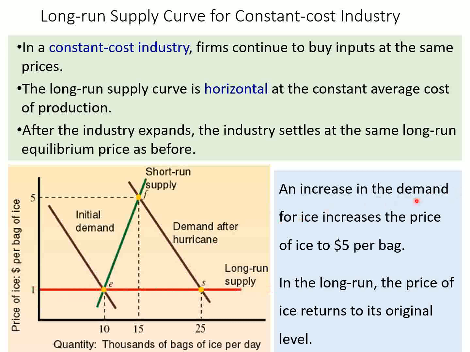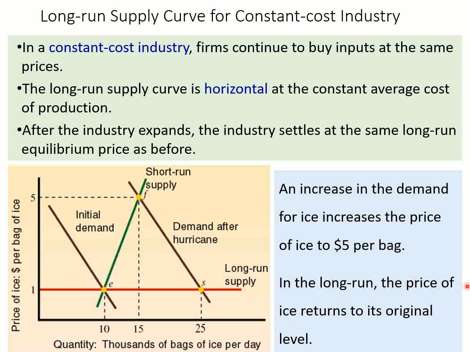An increase in the demand for IC increases the price of IC to be 5. By the way, when the demand increases, here is the initial price, that is the intersection between the demand curve and the supply curve, and here is the second demand curve, the intersection. So when the demand increases, the price rises.